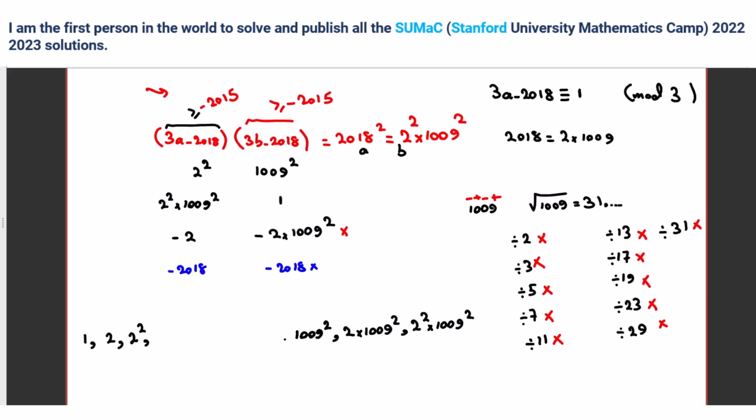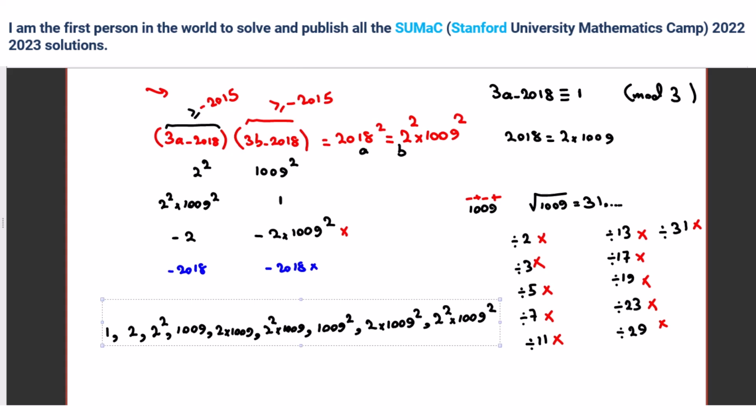So 6 divisors so far, 3 divisors are left. What's next? 1009. And then 2 squared times 1009. Exactly. 1 divisor is left. 2 times 1009, yes, because this times itself is this one. So here are all the divisors, okay?